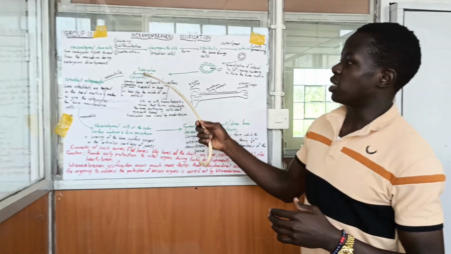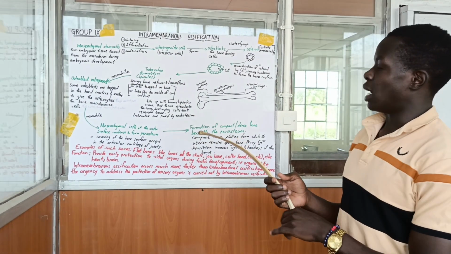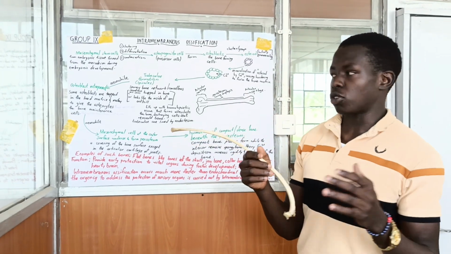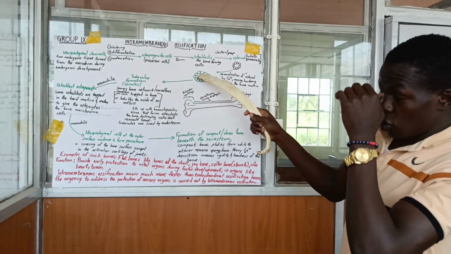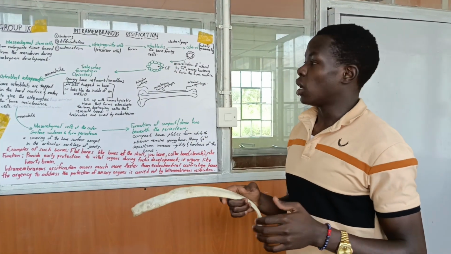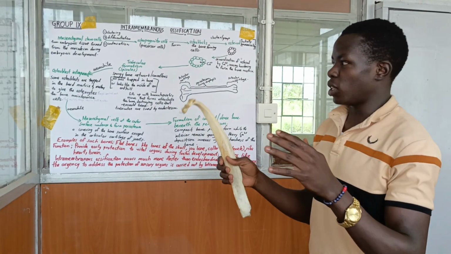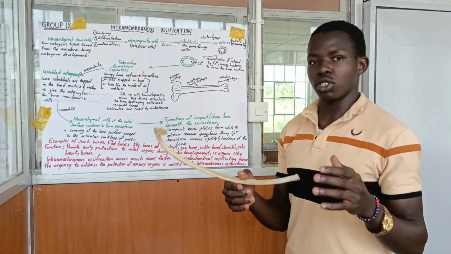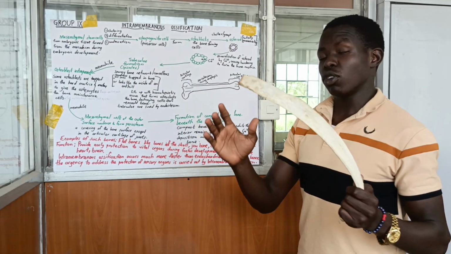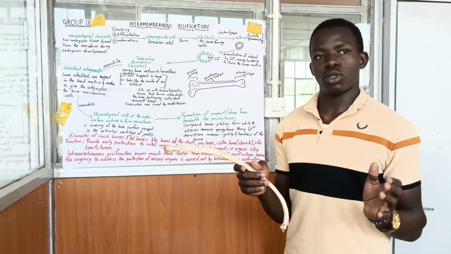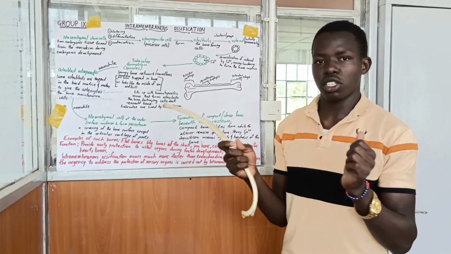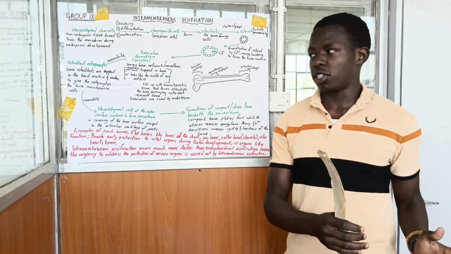As calcium is being deposited and hardening is occurring, some osteoblasts become trapped within the bone matrix. They give rise to the osteocytes, and this transition is through appositional growth, just a transition from osteoblasts to osteocytes.